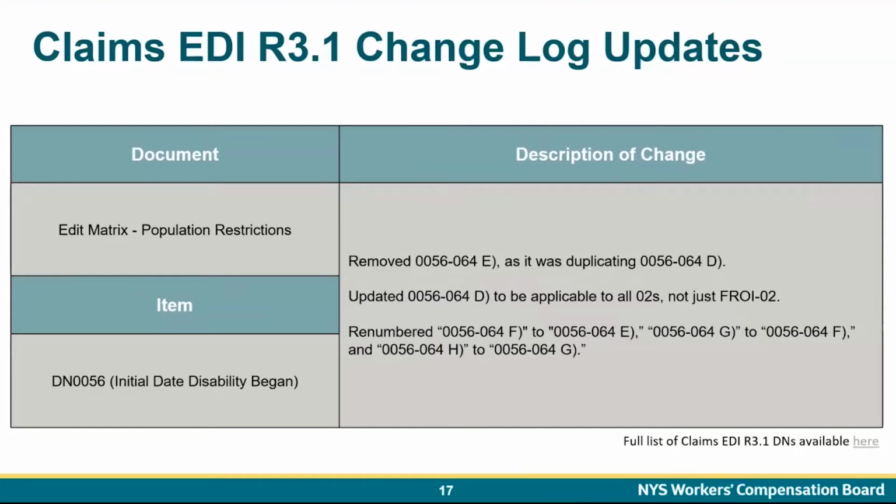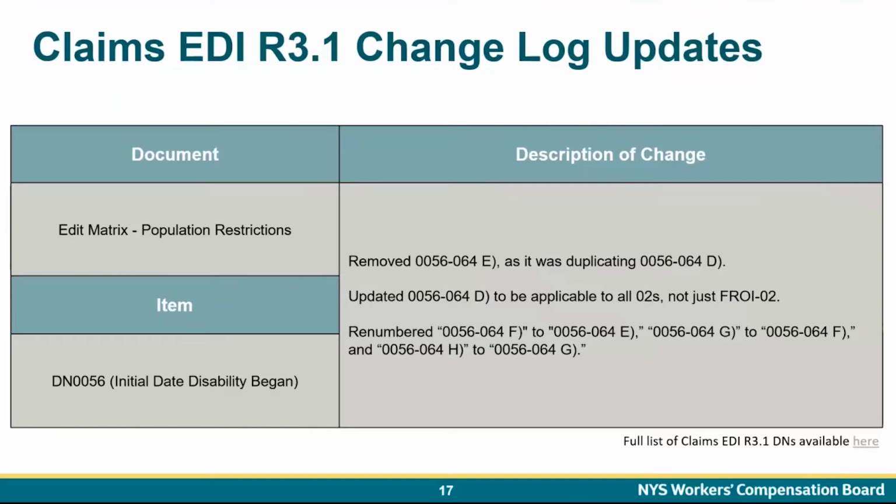For DN 56, initial date disability began. Again, this was a population restriction related to just re-lettering due to the removal of a population restriction. During testing, we discovered that DN 56064E population restriction was duplicating 064D.